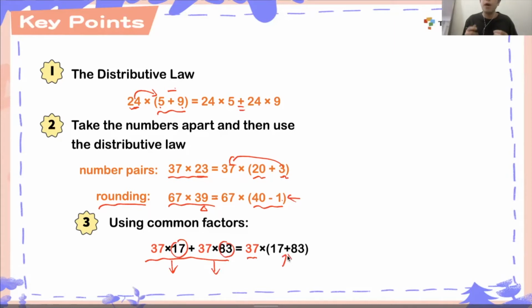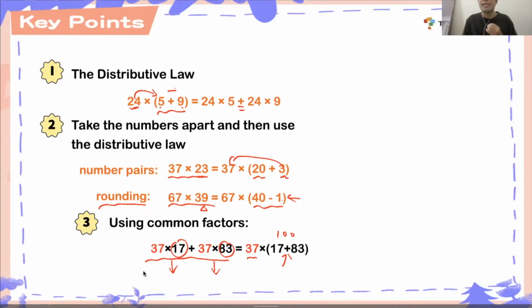And when we add 17 and 83 in brackets first, we will have 100. So that will help us make this multiplication much easier. Okay, so that is several key points in multiplication skills.